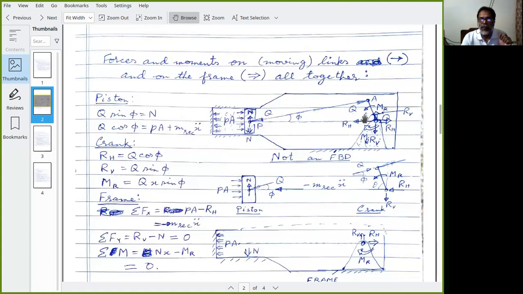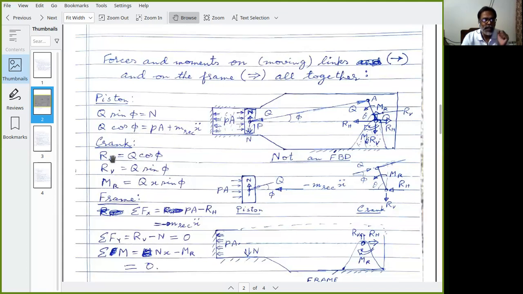Look here. Since this position OP is x, and this angle is phi, the perpendicular distance will be x sin phi. So, Q times x sin phi. That's it. And now you see this is Q sin phi, which is RV. This thing is Q cos phi, and therefore RH.